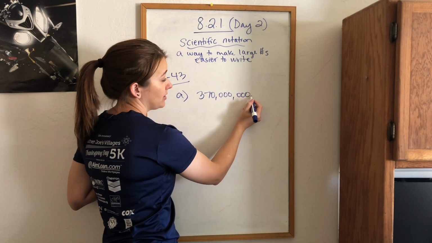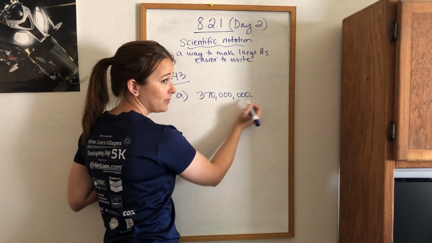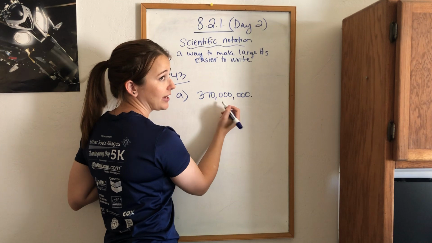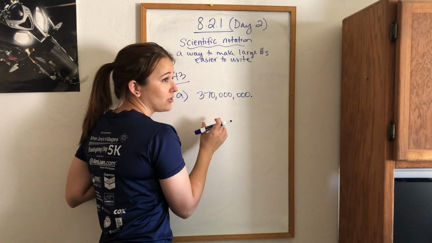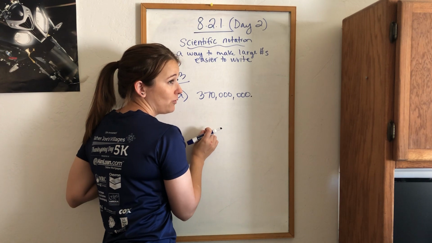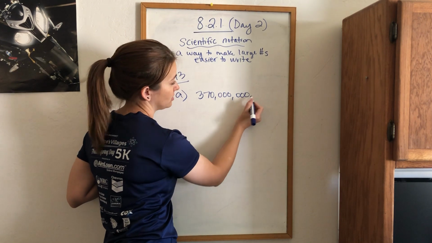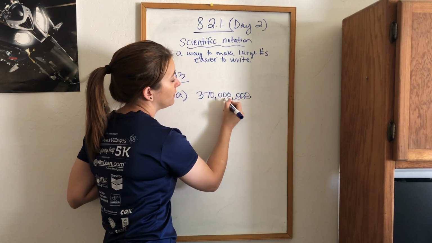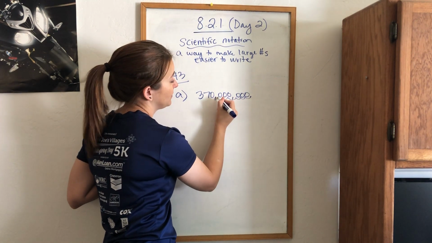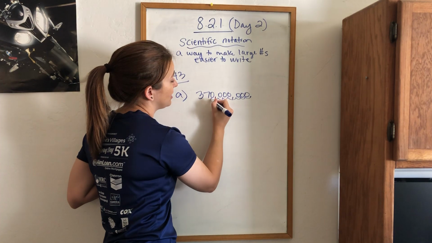I'm going to move it to the left, because this is way too big of a number. I'm going to move it to the left until I get a number that is either 1, between 1 and 10, or less than 1. So let's try it. 1, 2, 3, still too big. 4, 5, 6, still too big. 7, 8.